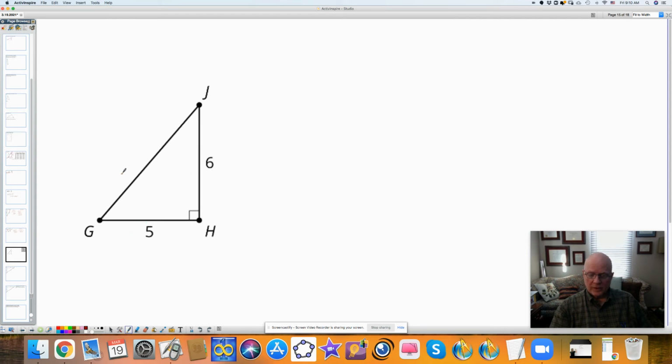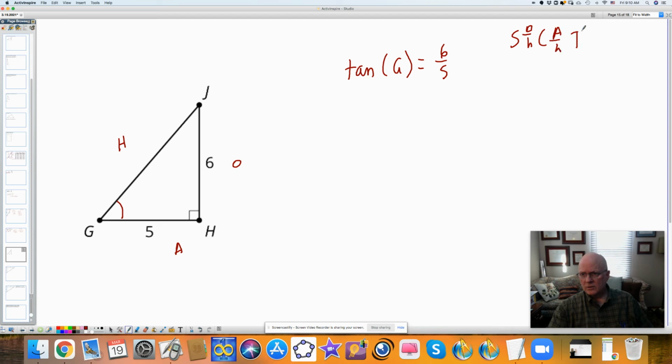Could use the Pythagorean theorem from this. This is the opposite, the adjacent, the hypotenuse. Opposite over the adjacent is the tangent. The tangent of angle G is equal to 6 over 5. How do I know that? Well, I remember SOHCAHTOA, TOA, opposite over the adjacent. It's the tangent.